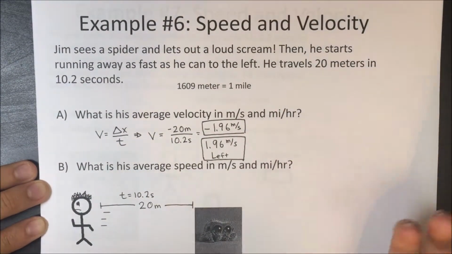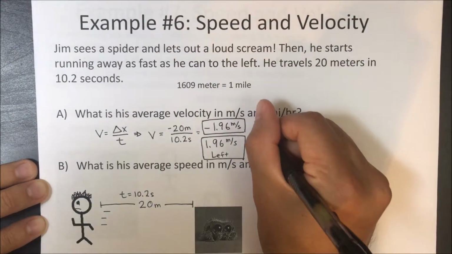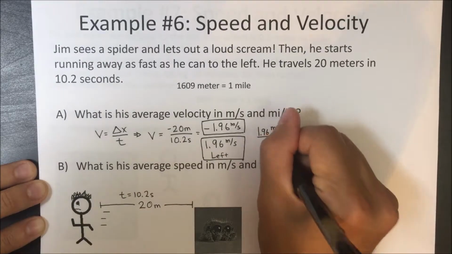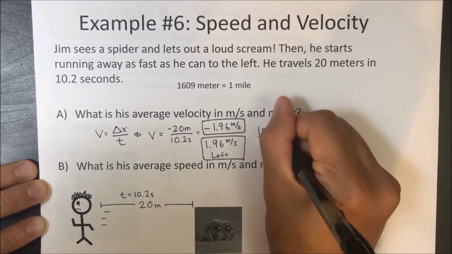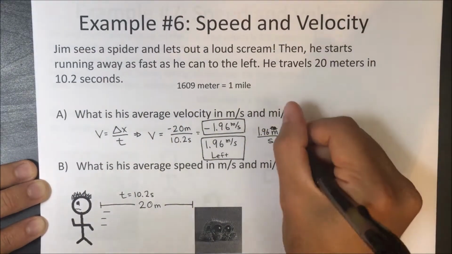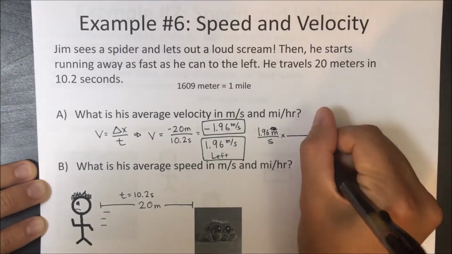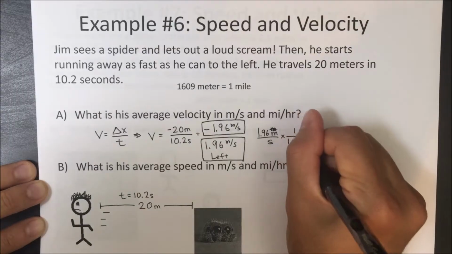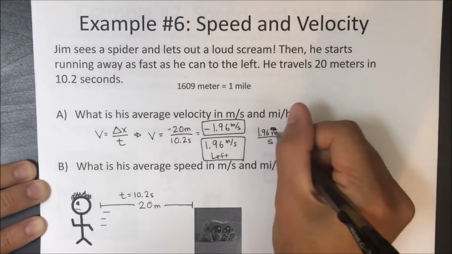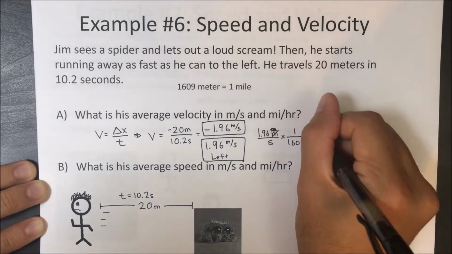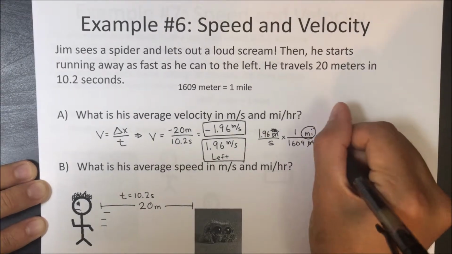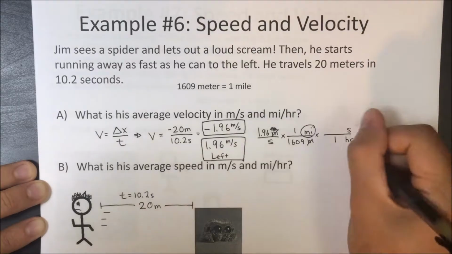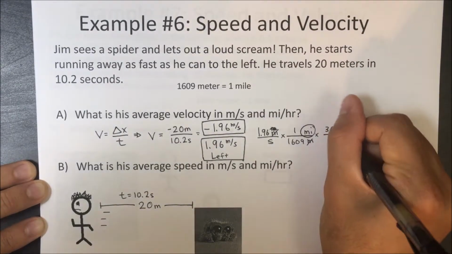But now what we want is miles per hour. Again, we want to do the same thing with dimensional analysis. So 1.96 meters per second. And again, we want to get rid of the meters and put into miles. And we know 1 mile is 1,609 meters. This way we could get rid of this meter, and we have what we want, our mile. And we want to get rid of the second, and we want to change it to hours. We know 1 hour is equal to 3,600 seconds.